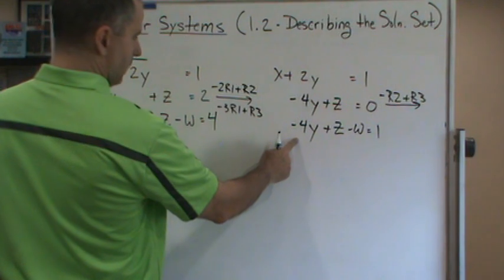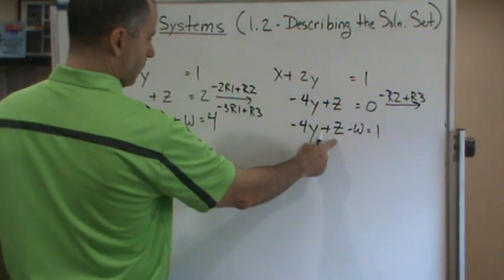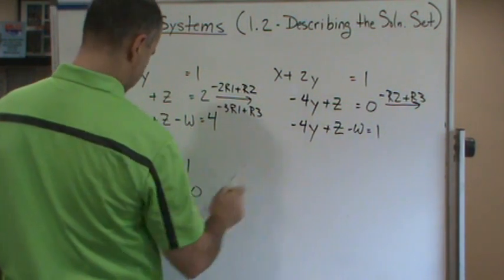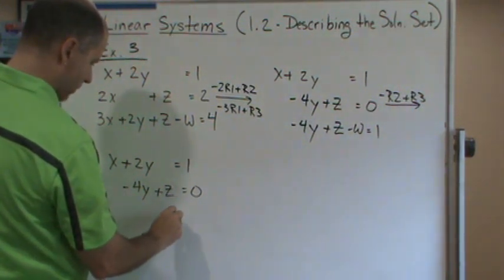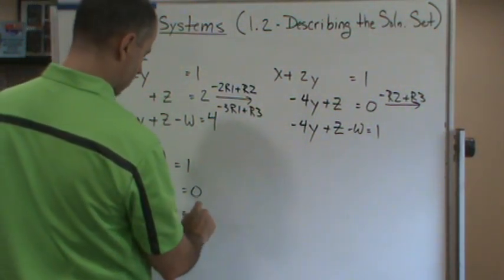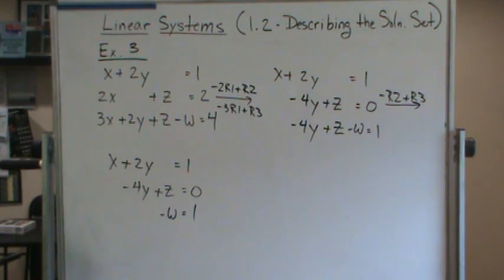This is going to go to 0, this is going to go to 0, and this is left unchanged, so -w equals 1.